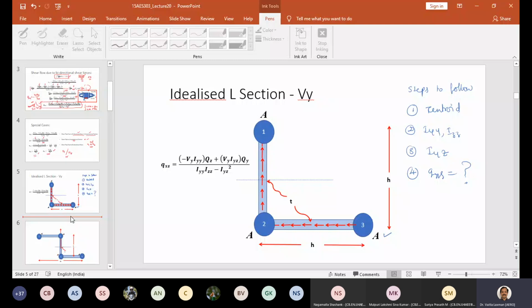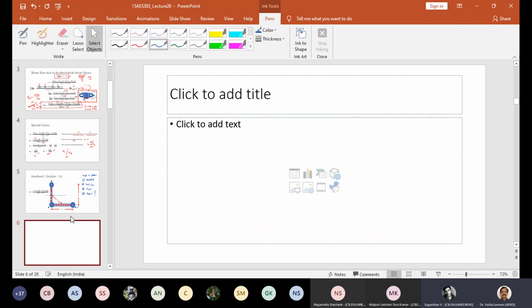Yes, sir. Show us how to do this sum. Show us how to do this sum, sir. All right, the following sums we'll do. Yes, good.